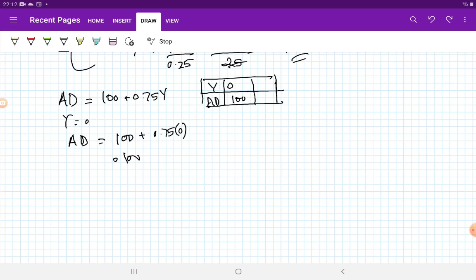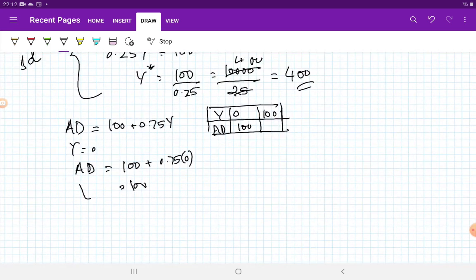But here, I think it'll be easier for me if I assume y to be 100. So when y is equal to 100, my aggregate demand is equal to 100 plus 0.75 into 100, which is 100 plus 75, which is 175.